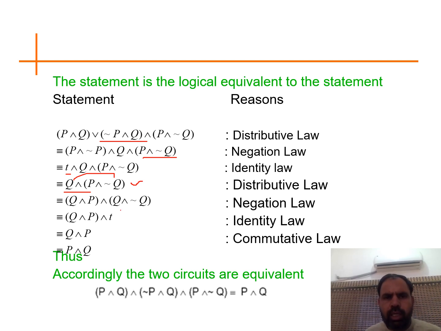Now we use the identity law on this expression. It becomes a tautology T, as we discussed in the previous slides. So it's Q and P, or T. Now by using the above identity law, Q and P or T becomes Q and P, which is equivalent to P or Q.